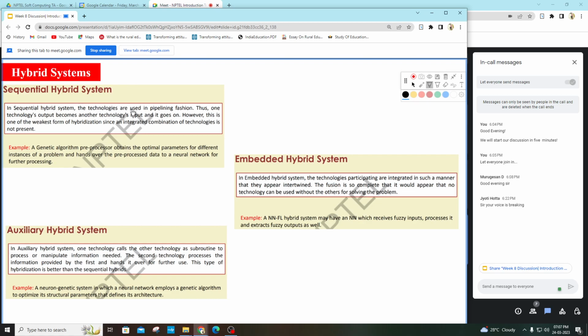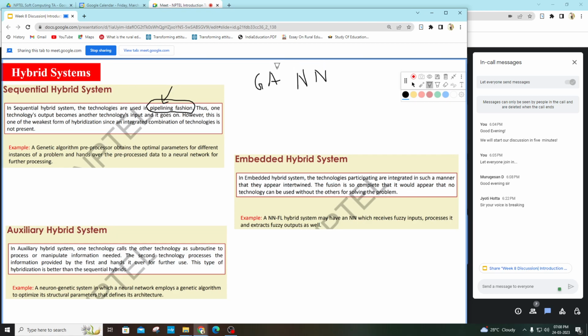What we do in a sequential hybrid system is that technologies are used in a pipelining fashion. In computer science, this pipelining thing is very popular. One technology's output becomes another technology's input. Say we are combining GA with NN by this sequential hybrid system.